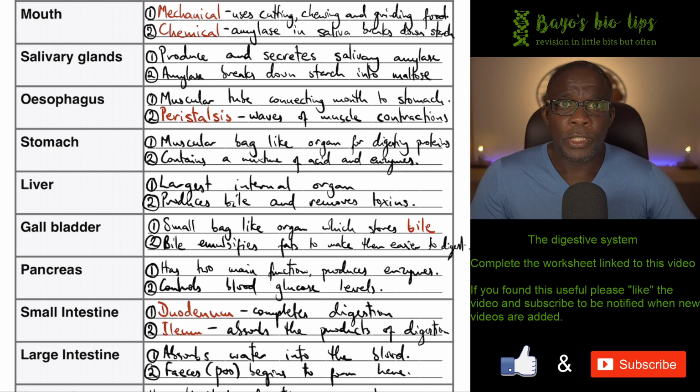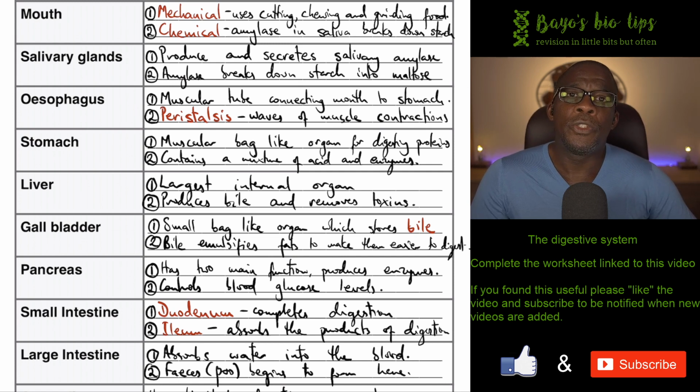The stomach doesn't actually absorb any of this stuff. It just carries out the digestion. Once the time has elapsed and the sphincter opens up at the bottom, the contents of the stomach then move on to the small intestine. But that's not the next one we're going to talk about. We're going to talk about the liver next.